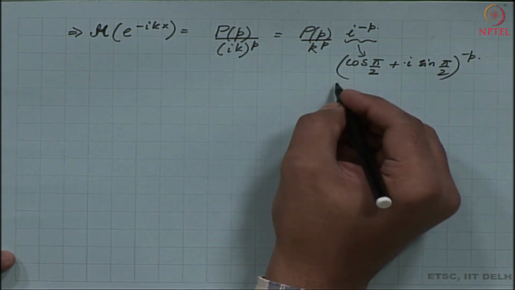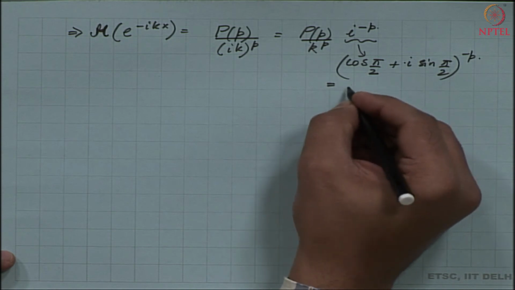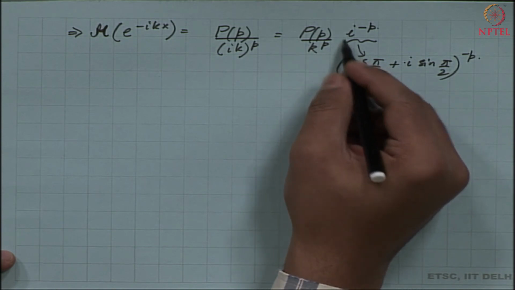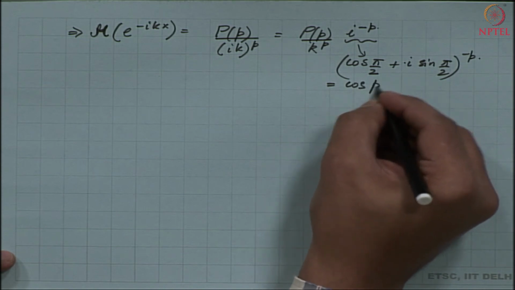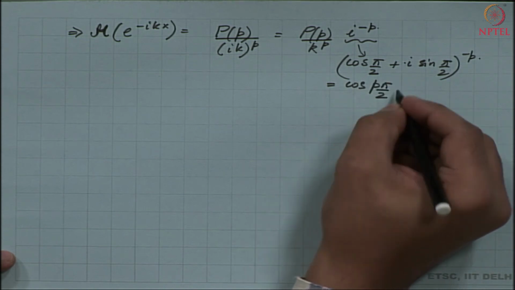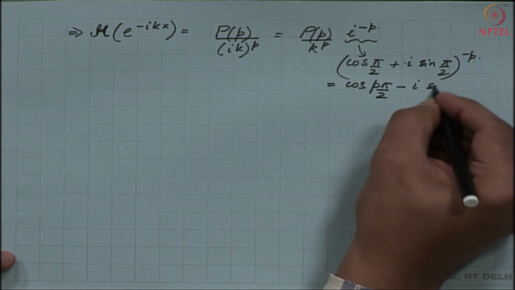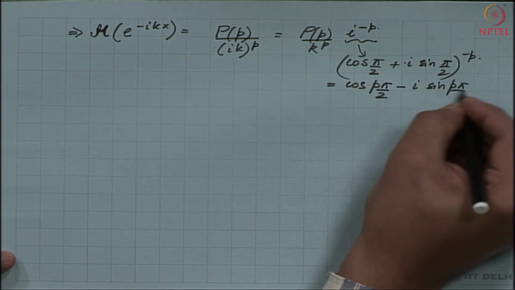When I use my de Moivre's formula, I get that i to the power negative p gives me cos of p pi by 2 minus i times sin p pi by 2.